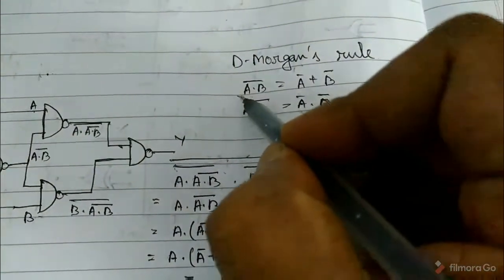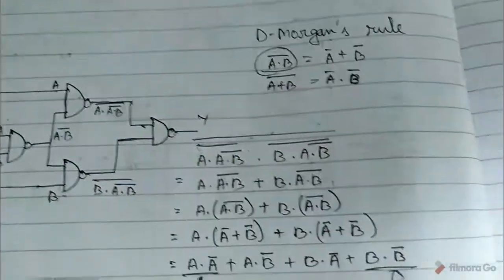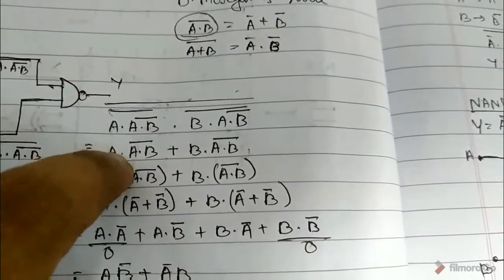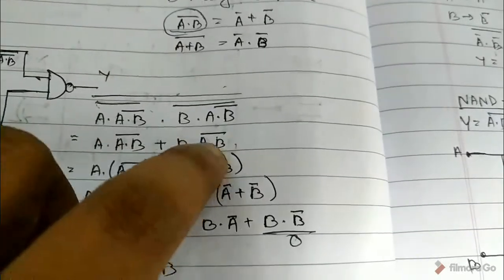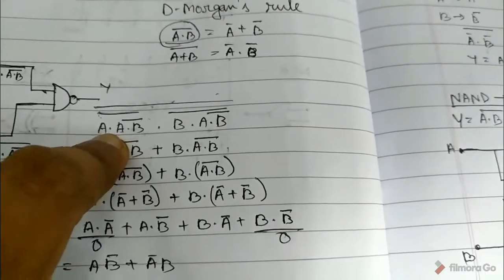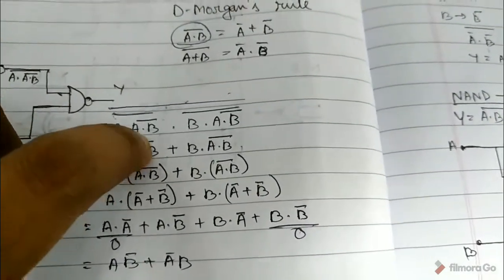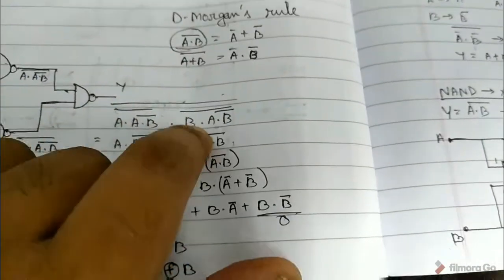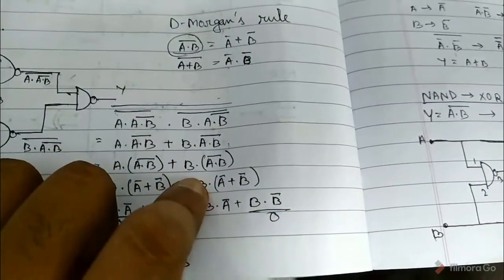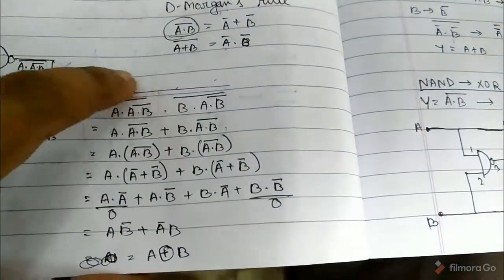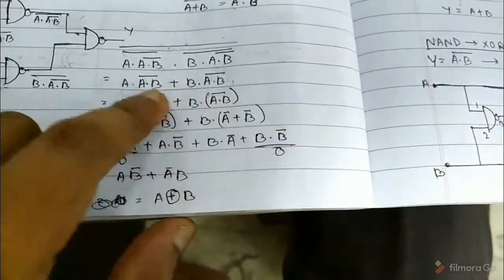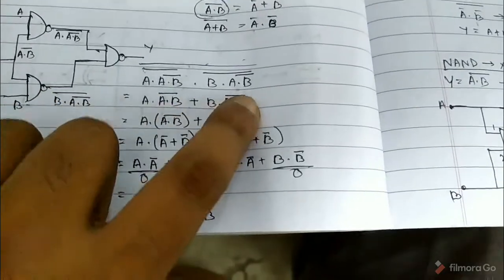Here I have assumed that (A dot B) bar is A and (B dot (A dot B) bar) bar is B. So we can have this type of equation.